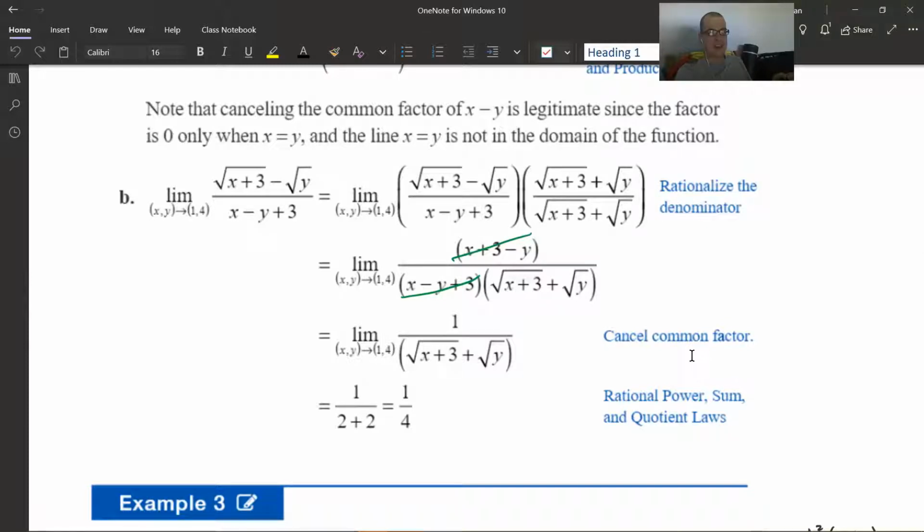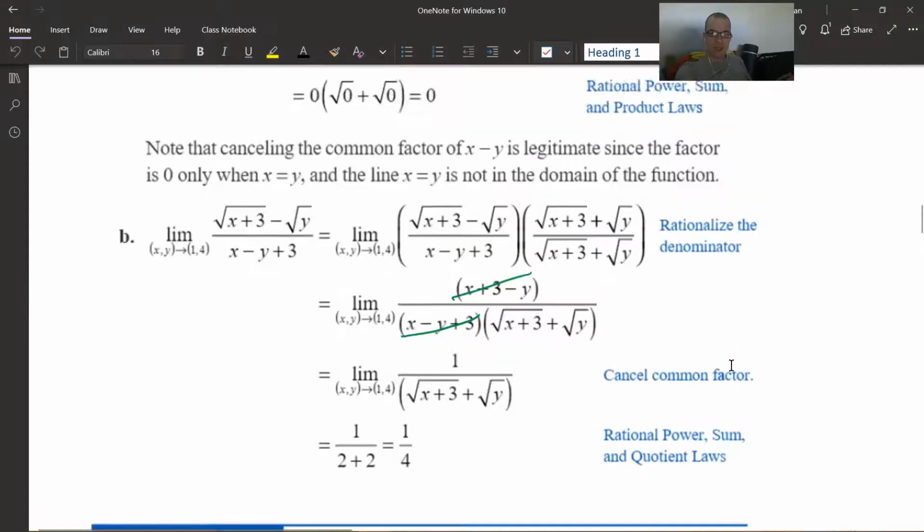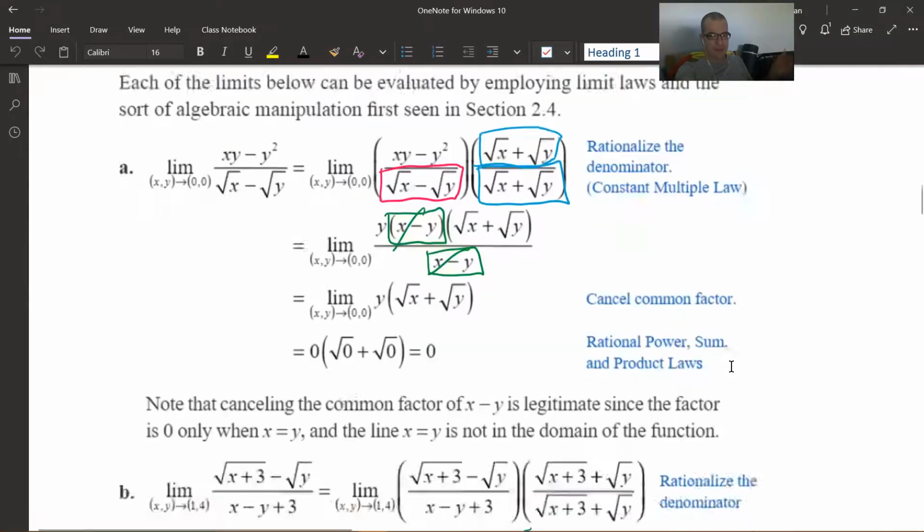But it would be possible to factor the numerator of a rational function and factor the denominator and possibly get some factor that would cancel out on top and bottom as another viable way to use algebra.